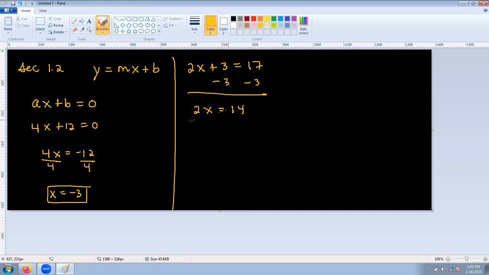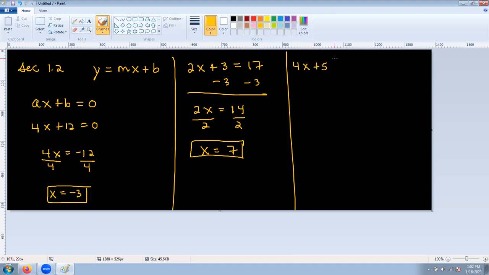What do we have here? 14 divided by 2, and we get what? We get 7. Okay, great. Let's do another one. What if we have this? 4x plus 5, and that's equal to 29. Well, all we have to do is do something like this.